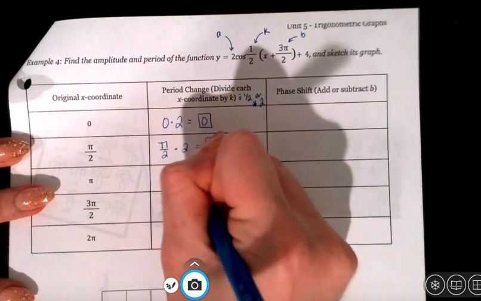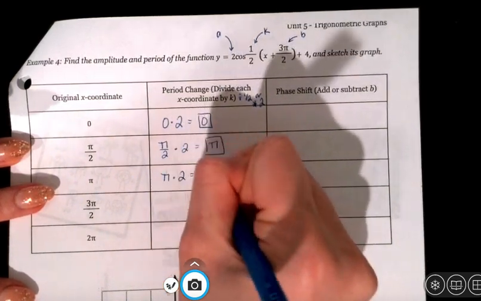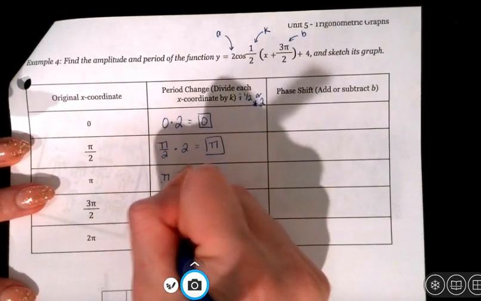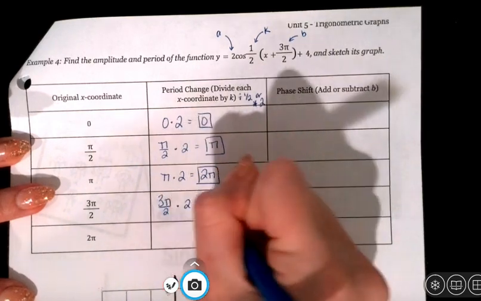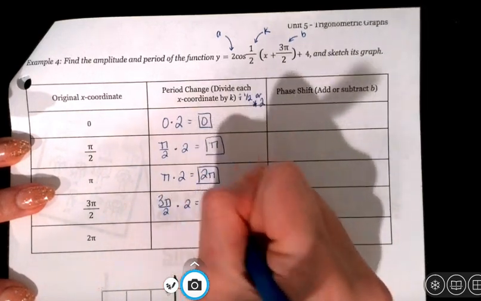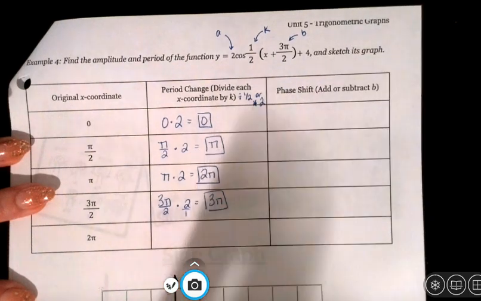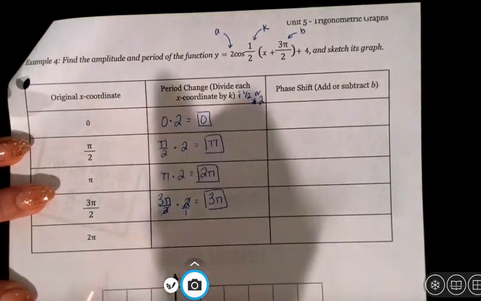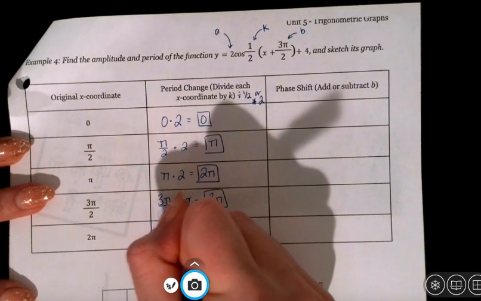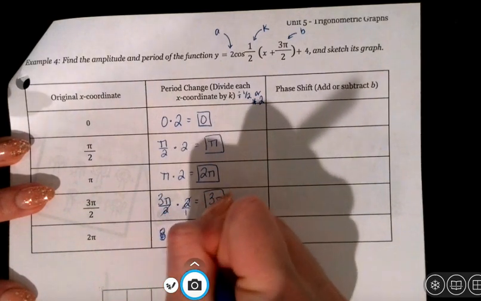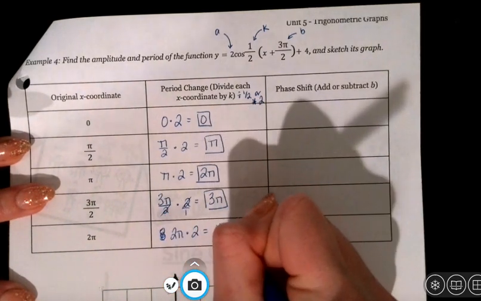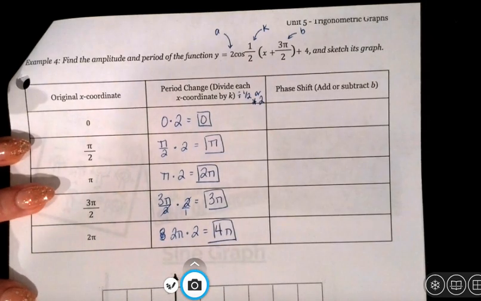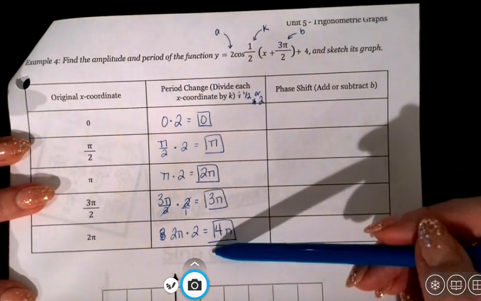Pi times 2 is 2 pi. 3 pi over 2 times 2, again, my 2's will end up canceling because technically it's 2 over 1, so then it'll go away. And 2 pi times 2 is 4 pi. So I have my new x values to reflect the period change.